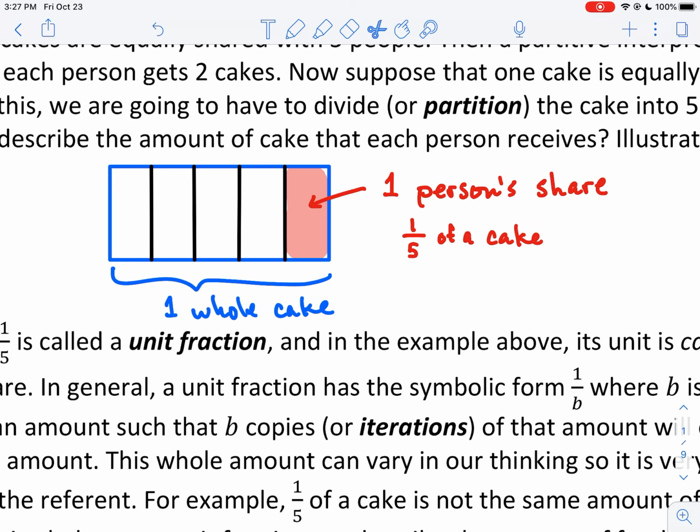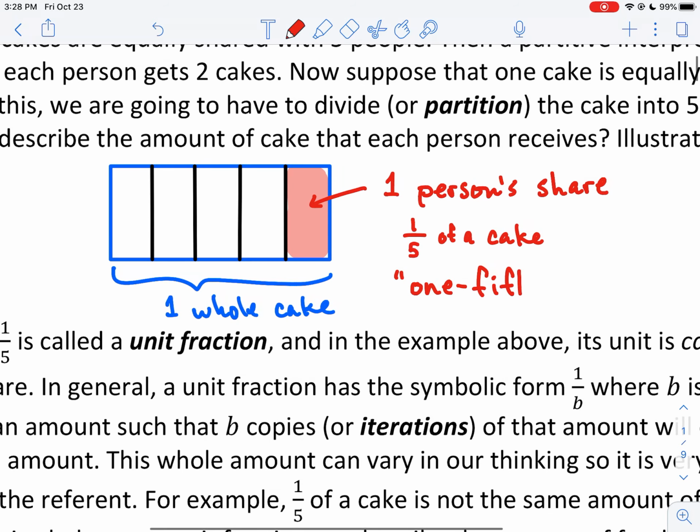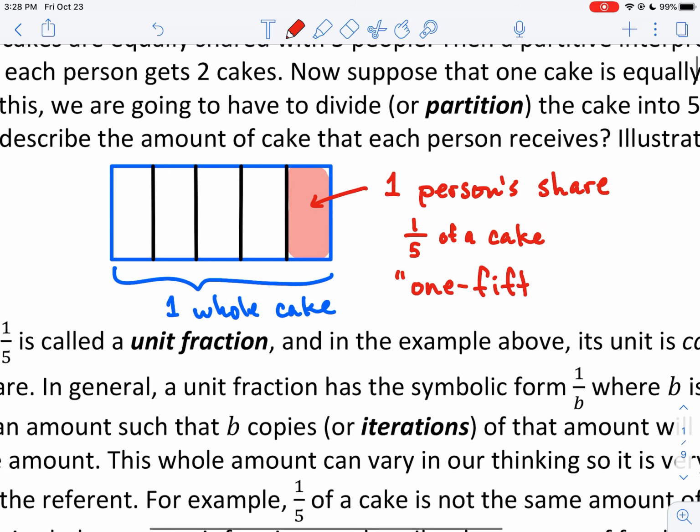Now the way that you actually say this is you say one-fifth. So when it's written out, it looks like 1, and you hyphenate it, 1-fifth of a cake.